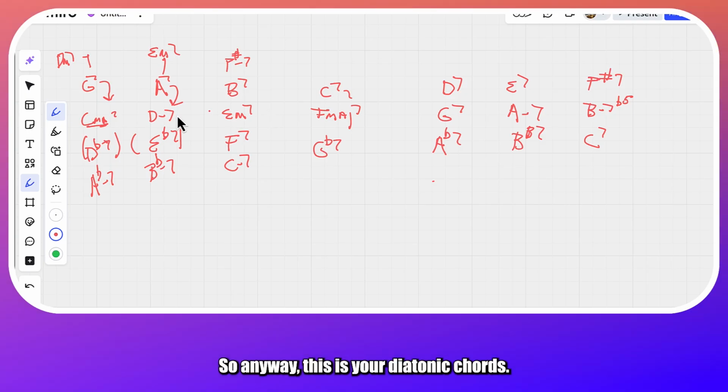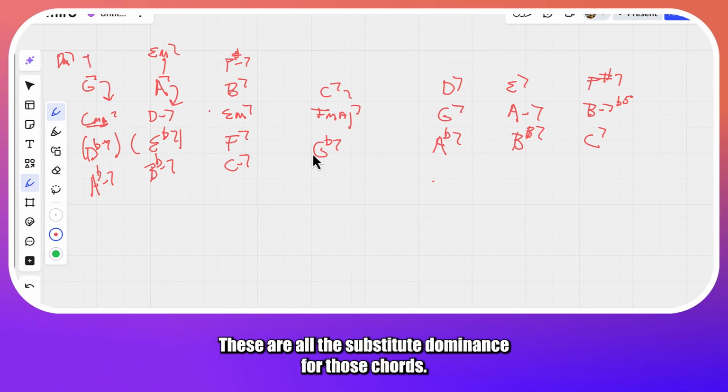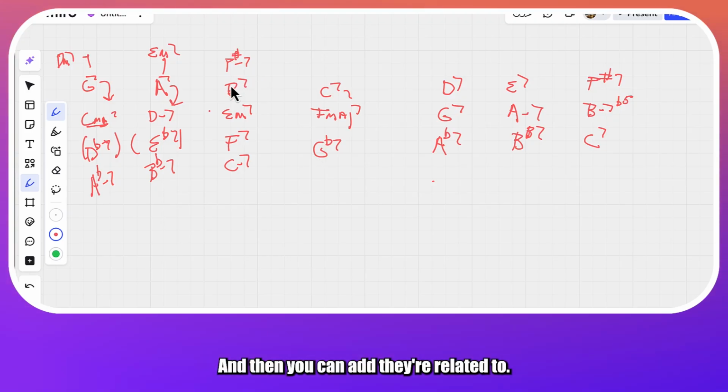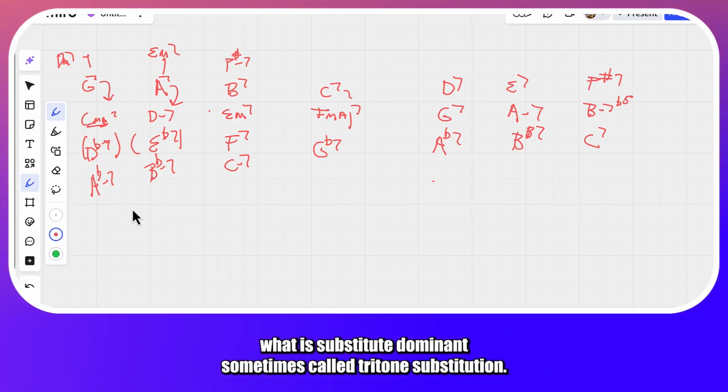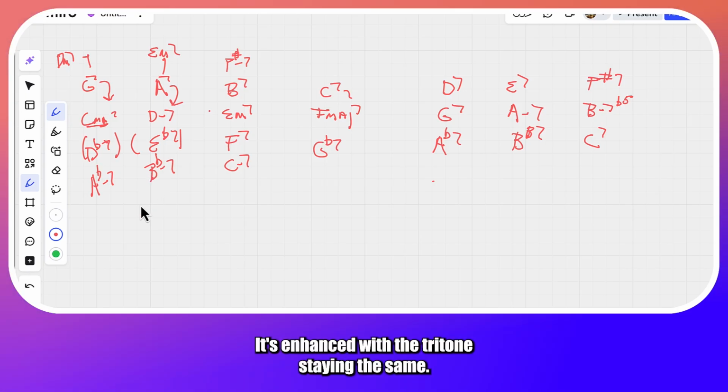So anyway, this is your diatonic chords. They have secondary dominants. These are all the substitute dominants for those chords, and then you can add the related 2. So that's pretty much the whole gist of what we're trying to talk about: learn what a substitute dominant is, sometimes called tritone substitution. It's enhanced with the tritone staying the same.